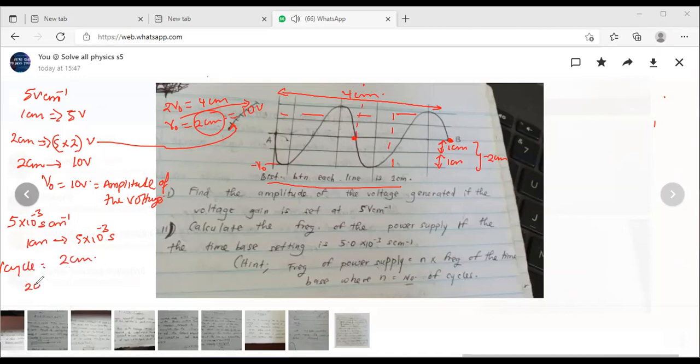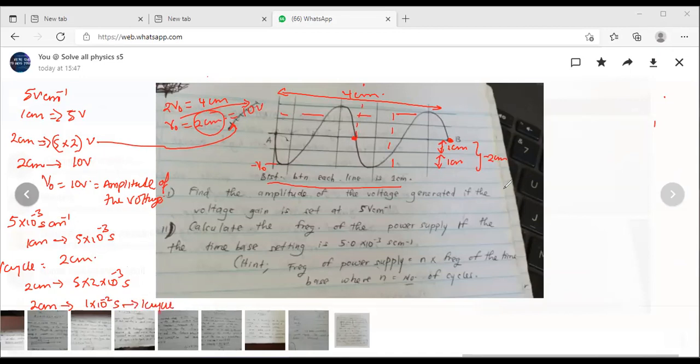And therefore 2 centimeters take how much time? 2 centimeters take 5 times 2 times 10 power negative 3 seconds, meaning 1 times 10 power negative 2 seconds, which corresponds to 1 cycle.